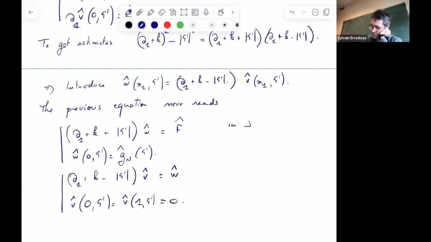So this is in omega. This is for psi prime in R^(d-1). And so when I'm writing in omega, I mean for x1 in (0,1) and psi prime in R^(d-1). Okay.